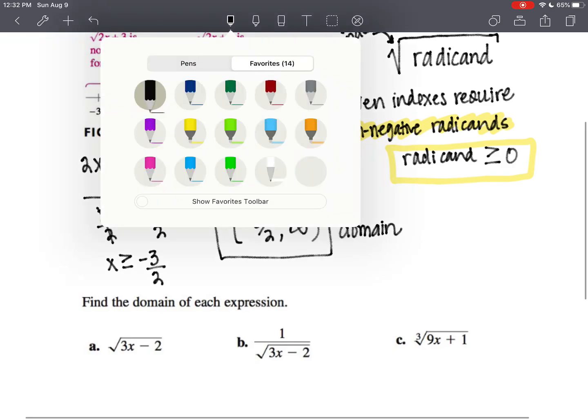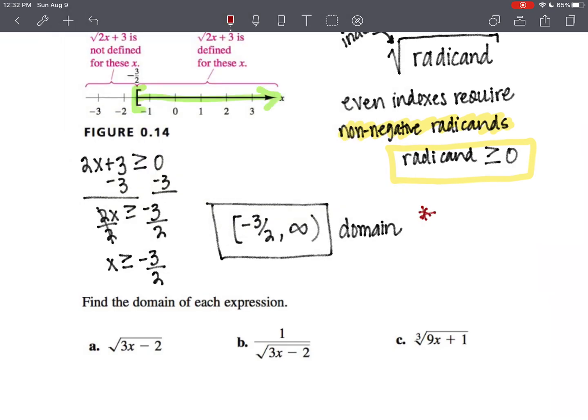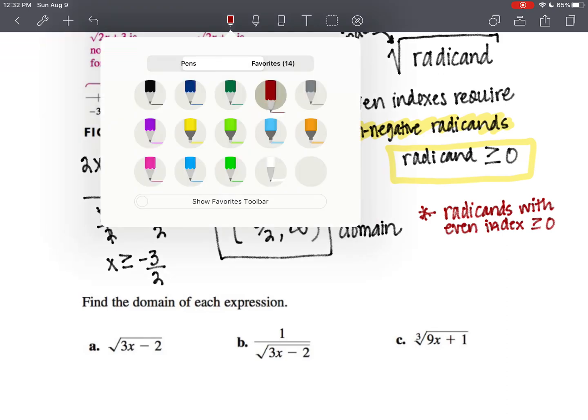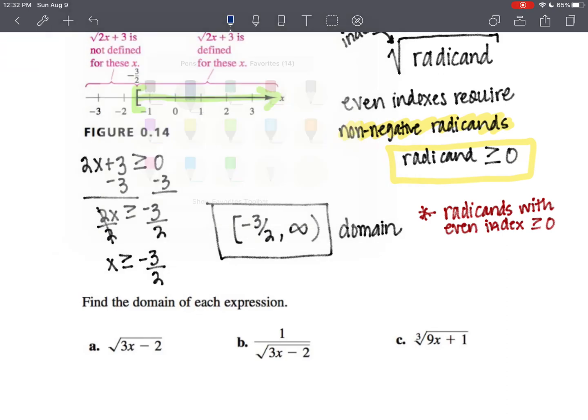Now, one more thing to think about. I'm going to put this in red because it's crucial. Radicands with an even index have to be greater than or equal to 0. If you've got a denominator, remember that denominators cannot equal 0.